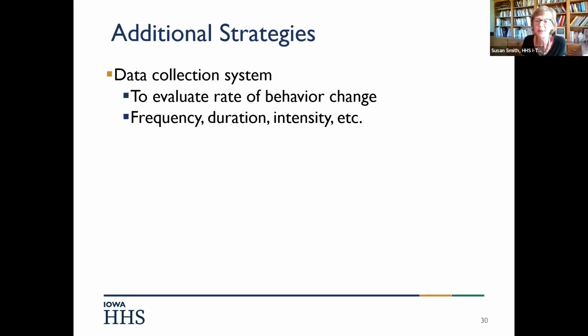When I say rate of behavior, sometimes people will report that something's happening a lot. But when we do a baseline, we find out it's really not happening to the extent that they indicated it was. But we want to look at changes too, especially and line that up with interventions and see, well, when this intervention started, how did the rate of the behavior change?